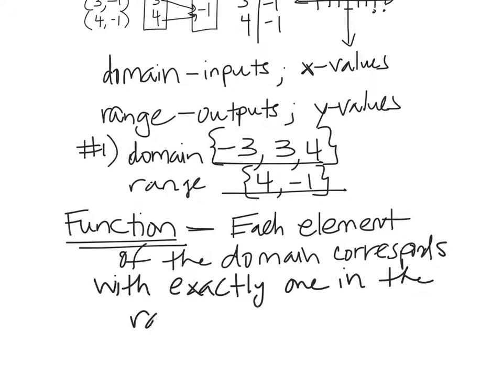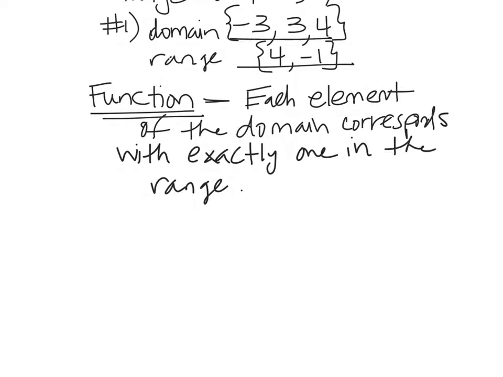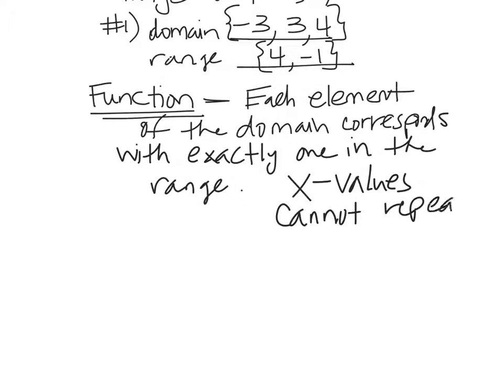And I'm going to tell you what that means in just a minute. I'll give you a picture of it. Each element of the domain corresponds with exactly 1 in the range. Basically, if you're going to look at points, the x values cannot repeat in order to be a function.